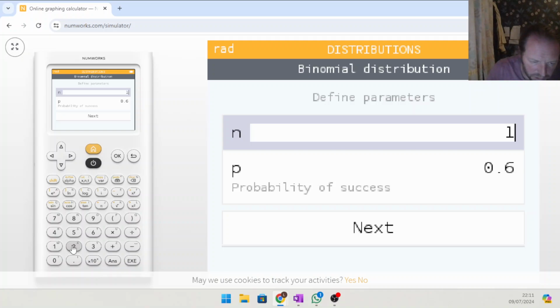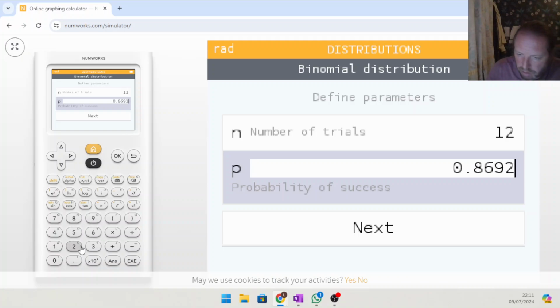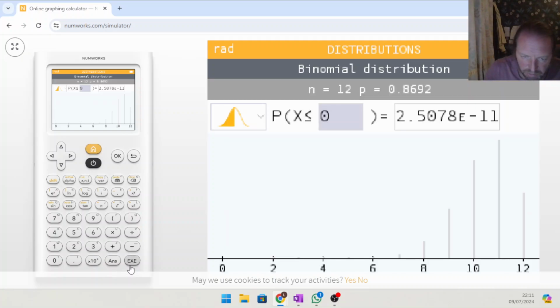So we're now on 12 attempts of this. We are on 0.8692. Okay. And we want it to be 5 or fewer on this one. Okay.